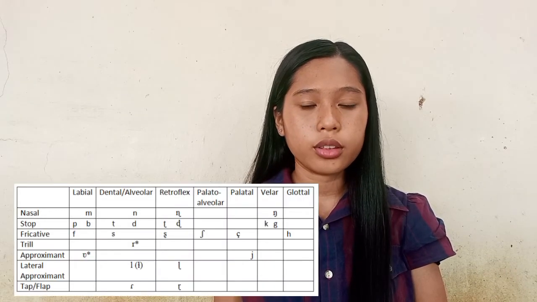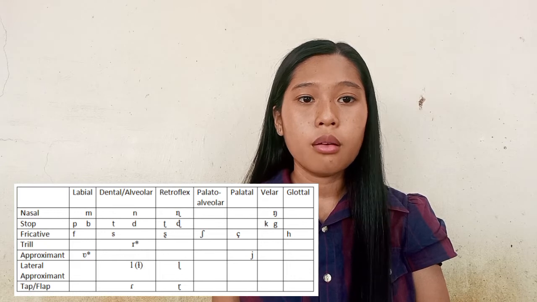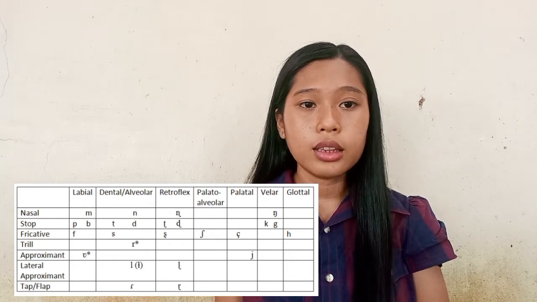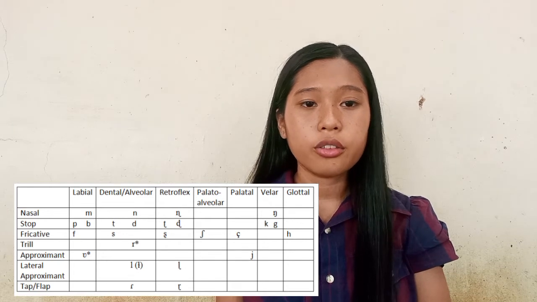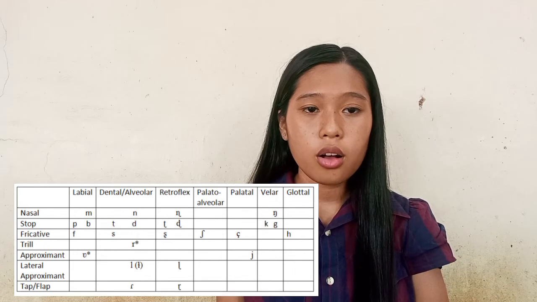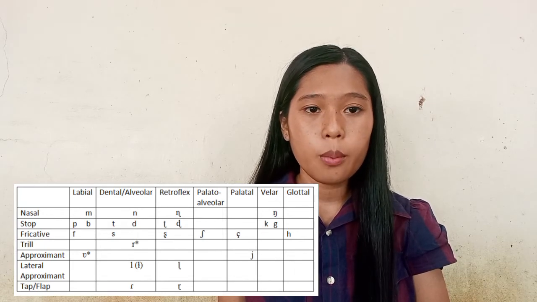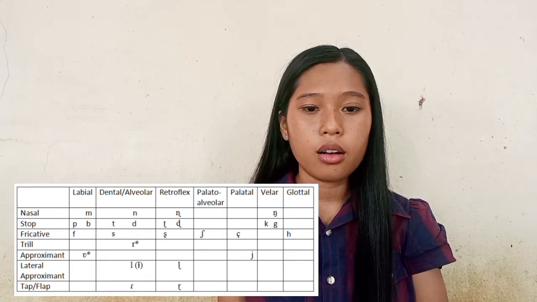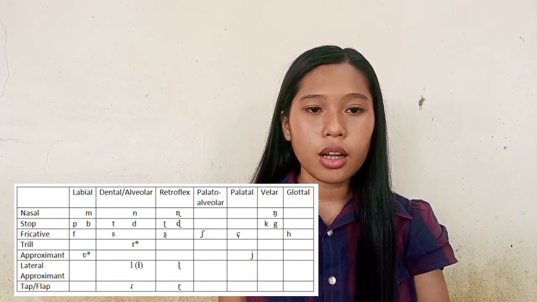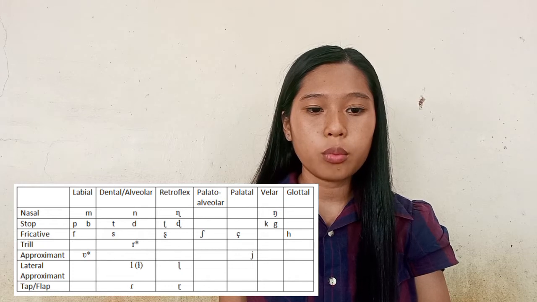Let us go now to the articulatory descriptions. M, ma, voiced bilabial nasal. N, na, voiced alveolar nasal. Ng, nga, voiced velar nasal. P, pa, voiceless bilabial plosive. T, ta, voiceless alveolar plosive.